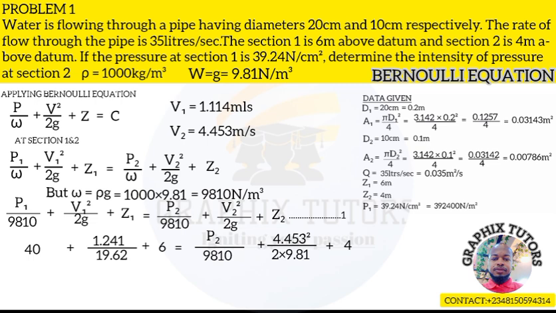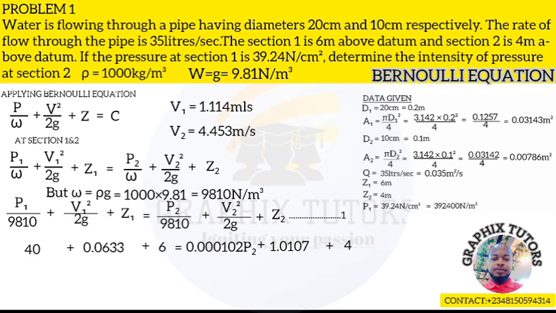When you divide both of them, you're going to have 0.0633, plus 6, equals P2, we have 1 divided by 9,810, which gives us 0.000102 P2. When you place 4.453 square, you'll have 19.83 divided by 19.62, when you multiply 2 times 9.81.